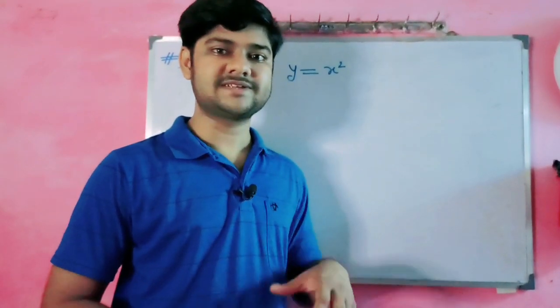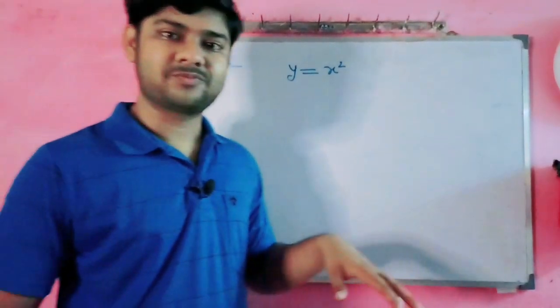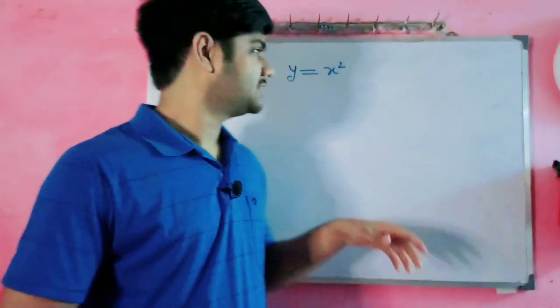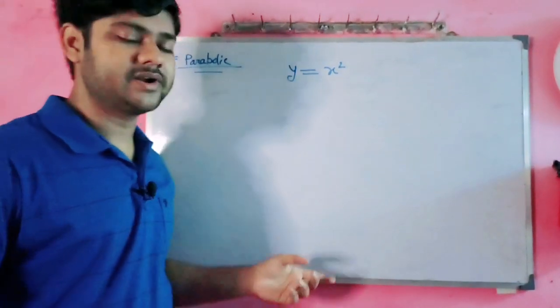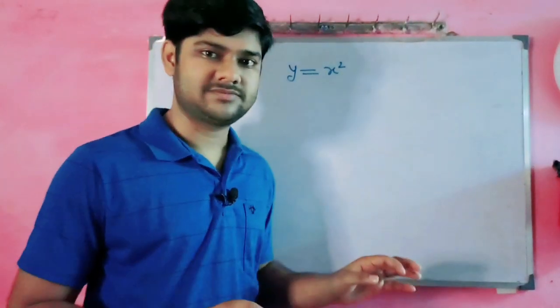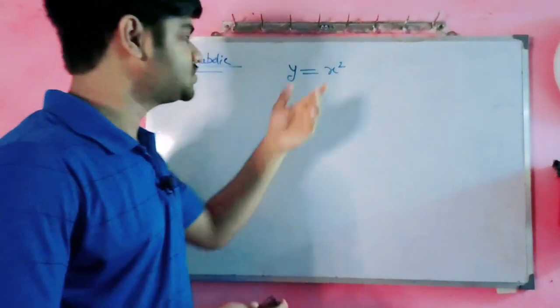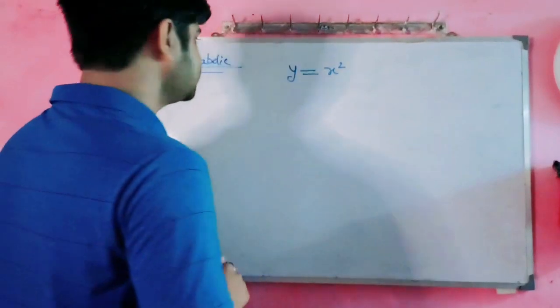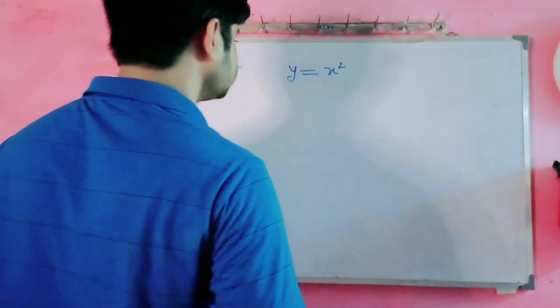Just for surface-level understanding, we are proceeding with this discussion. When we say the general expression of a parabola is y equals x squared, it is not actually correct, but for simplicity we are considering y equals x squared. This is a parabolic equation.